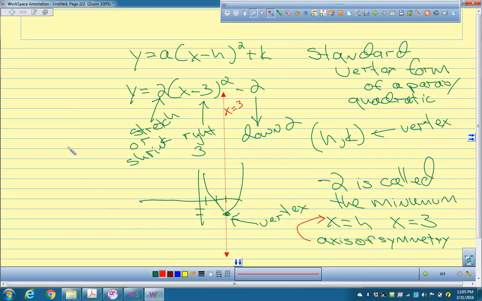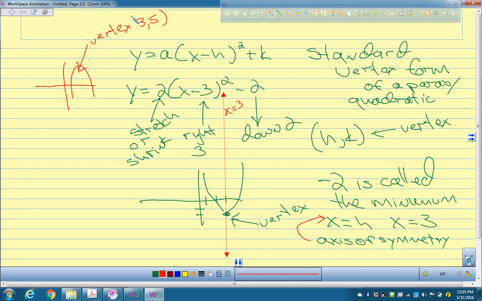If the graph is going the other direction, say the vertex is at 3, 5, what's the maximum value of this function?